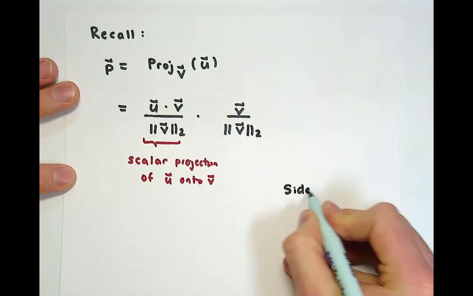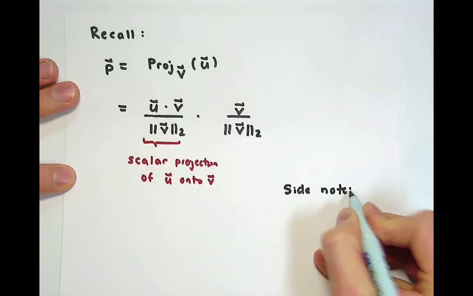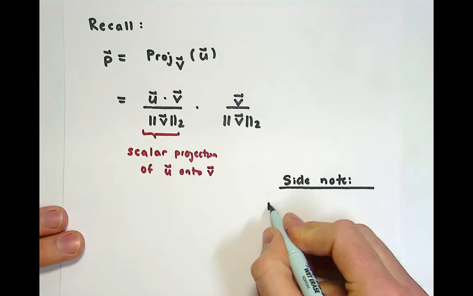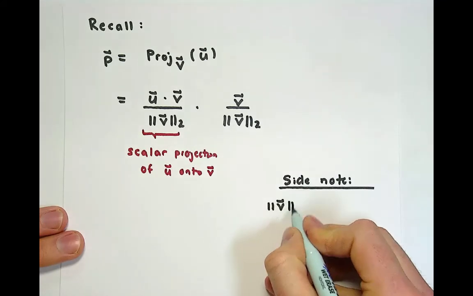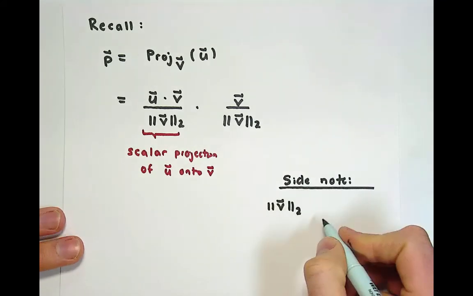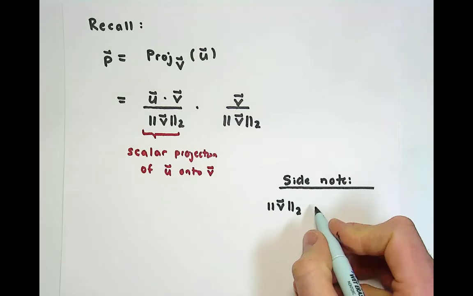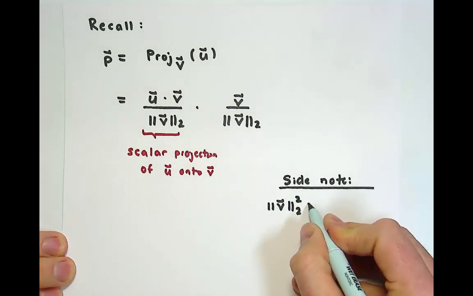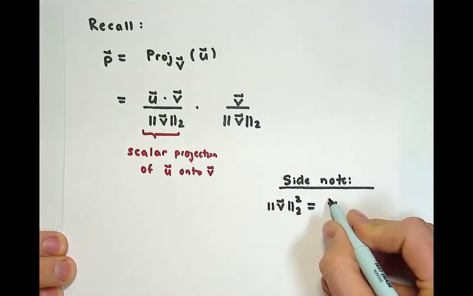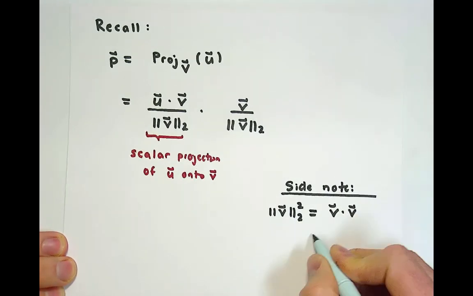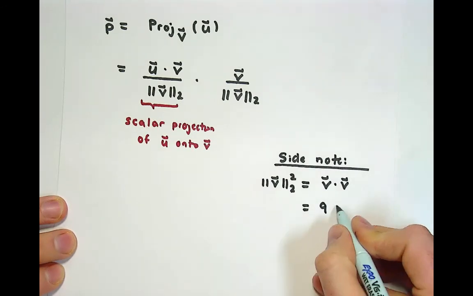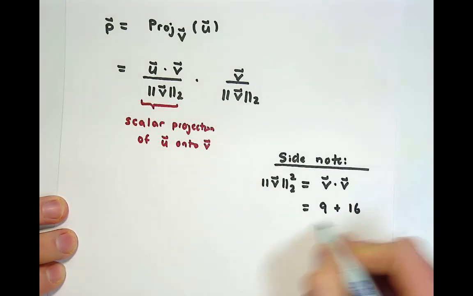Okay. Let's go ahead and do a quick side note. I'm going to need to calculate these, so I might as well do that here. Let's find the 2 norm of v. Remember that v was the vector 3, 4. I'm feeling a little bit sick of square roots right now, so I'm going to do the 2 norm as v dot v, and I'll take the square root of it. So this would be 3 squared, which is 9, 4 squared, which is 16.